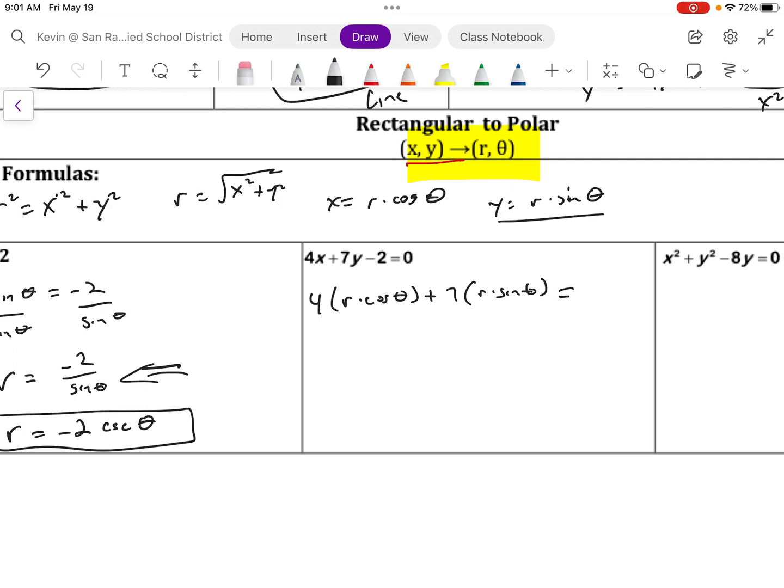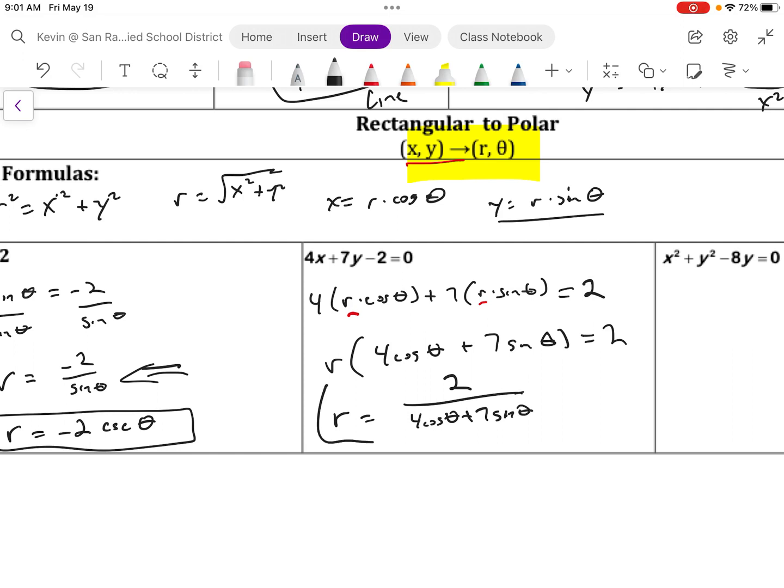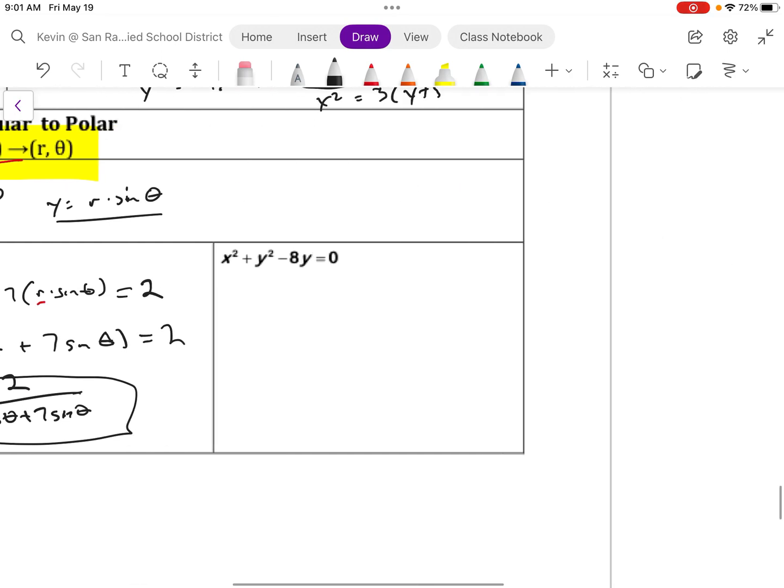Now we can take the r in both of these terms and factor that out. So we have r times 4 cosine theta plus 7 sine theta equals 2. Again, we just want to isolate the r, so we divide everything else out. R equals 2 over 4 cosine theta plus 7 sine theta. And there's nothing else we can really do with that.